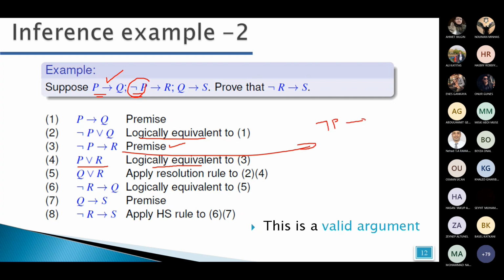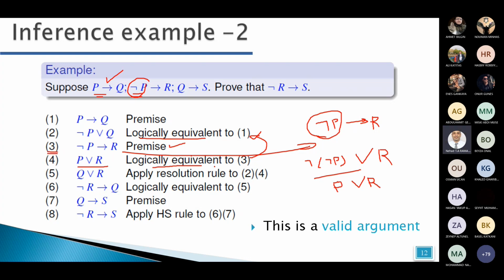Not P implies R, the same logical equivalence rule gives not first one or second one, so not not P, which means P, or R. So from statement 3, a premise given to you, we use the logical equivalence rule to get P or R.